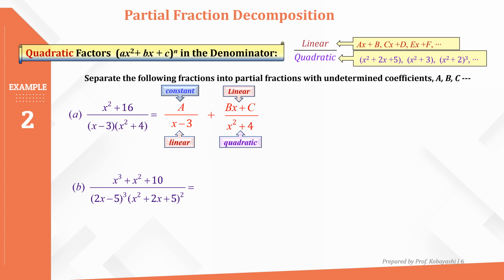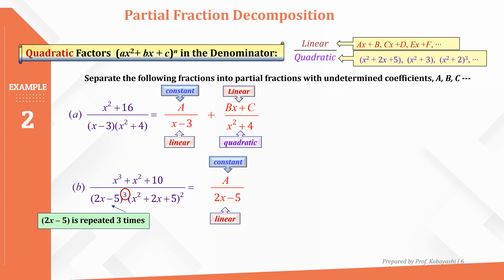For B, we can see 2x minus 5 factor is repeated 3 times. Therefore, we need 3 partial fractions. Since 2x minus 5 is a linear factor, the numerator is some constant A. The next one is a constant B over quantity 2x minus 5 squared.